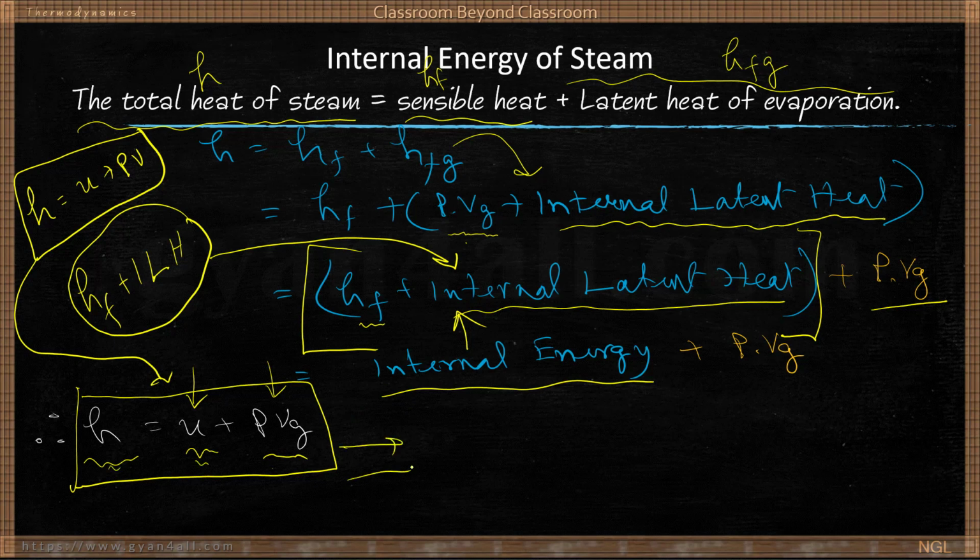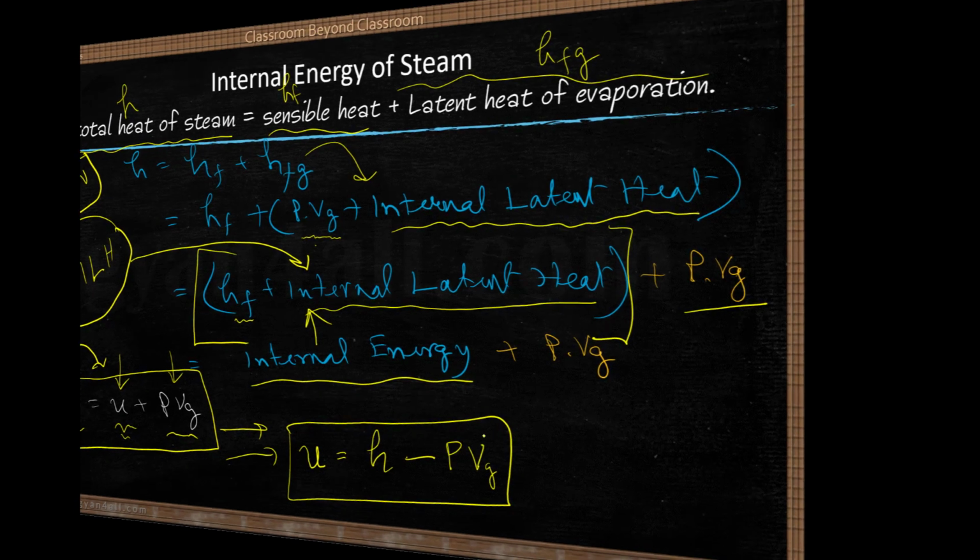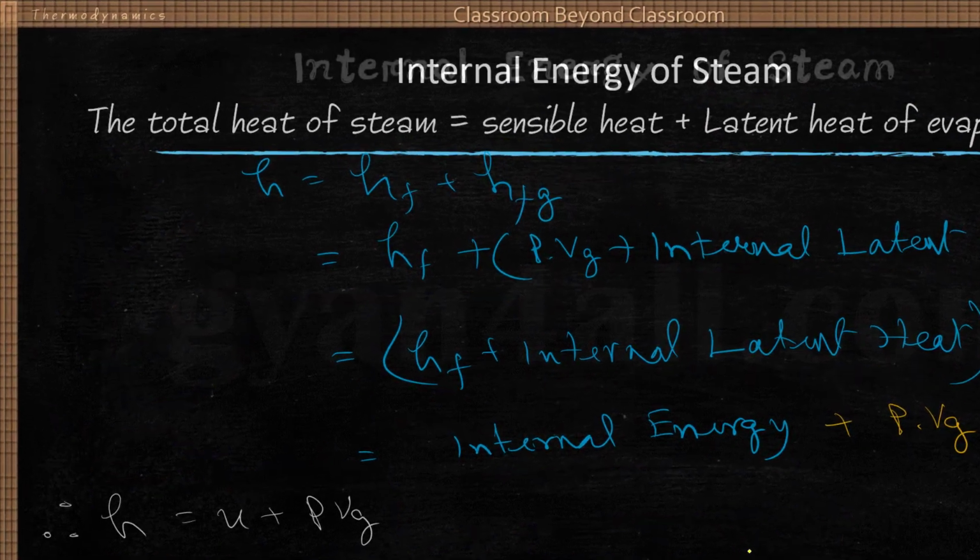If we want to know the internal energy, it is H, the total heat, minus PVG. So U is equal to enthalpy minus PVG. That is for any steam.